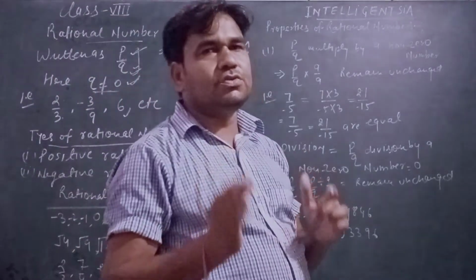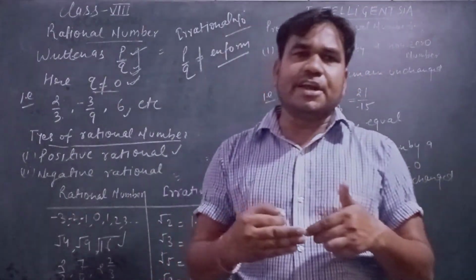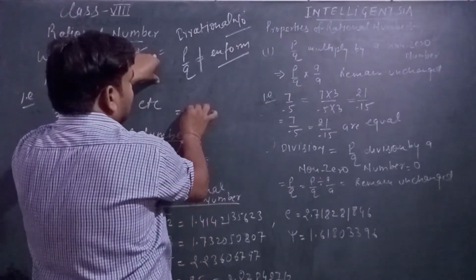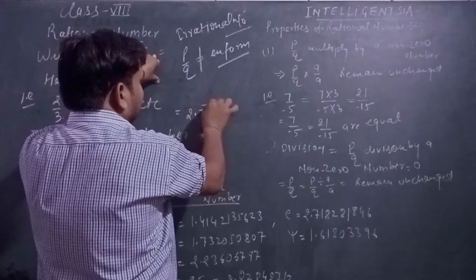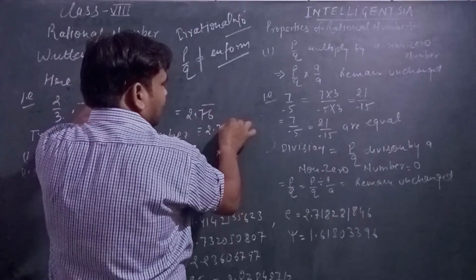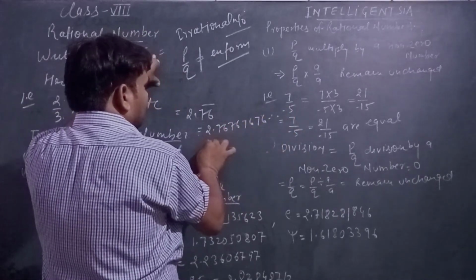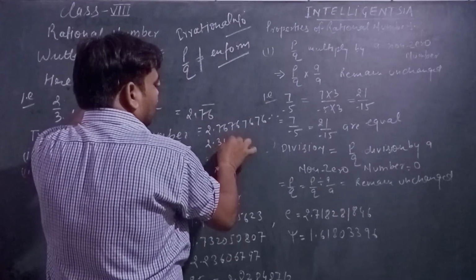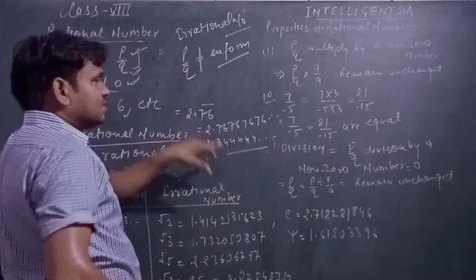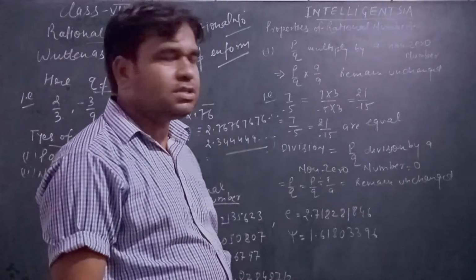Here you see, students, when any kind of number makes a pattern, just like 2.76 bar makes a pattern 2.767676, and 2.34 bar, 2.34444, this kind of number when it makes a pattern, that is called a rational number, students.